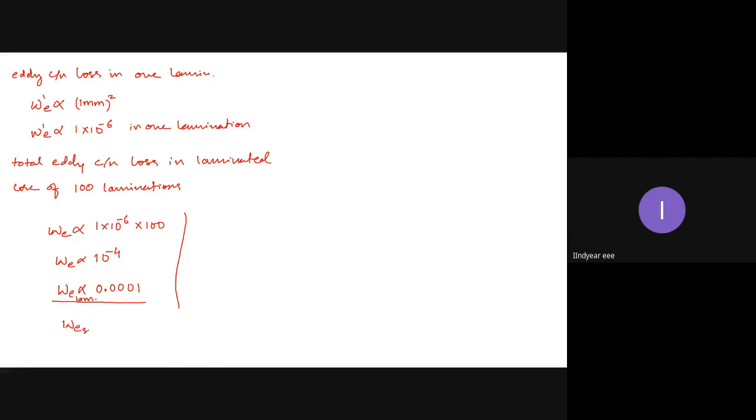So WE solid divided by WE laminated equals 0.01 divided by 0.0001. How many times? 100 times. Is it 100? Yes.